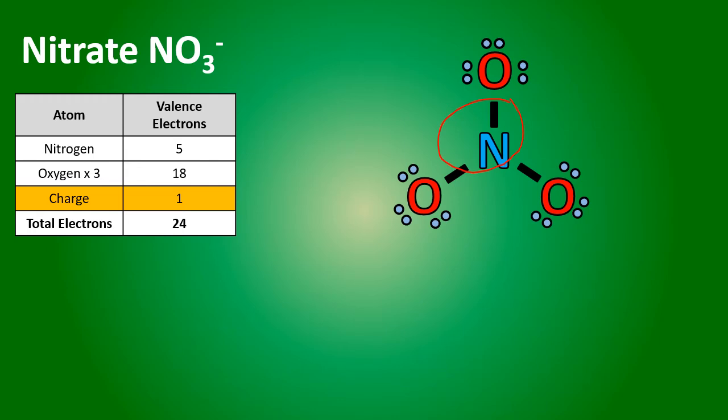The octet rule means that we have increased stability if we can get 8 valence electrons around an atom. So basically we would borrow a lone pair of electrons and form a double bond. That will ultimately reduce the formal charge on the nitrogen.